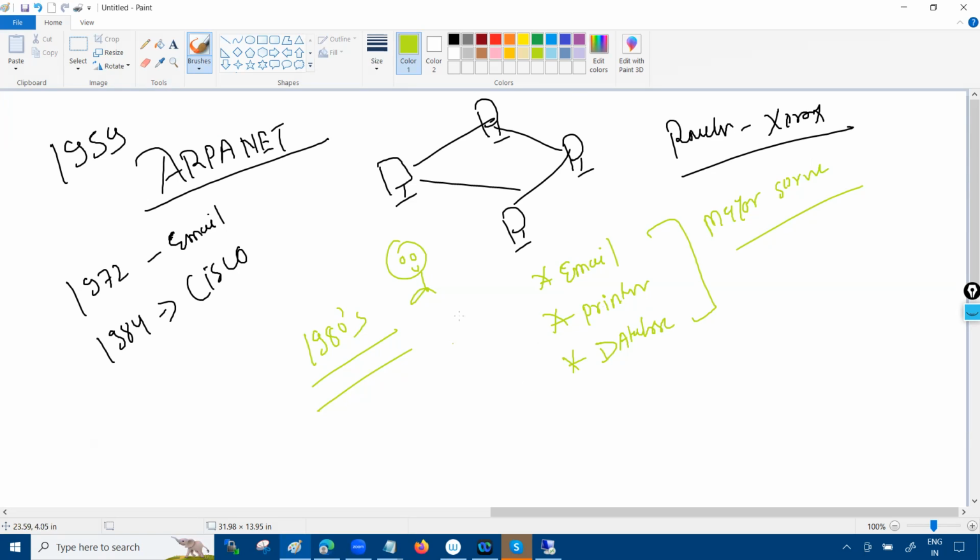In the 90s, 80s time, the first iOS came. It's called the Internet Operating System. If I talk from the Cisco perspective, iOS. And the size of this was 256 KB only. And then it was enough to do all these tasks.